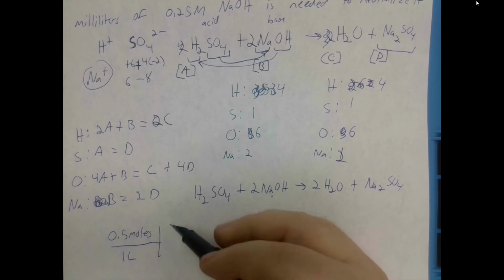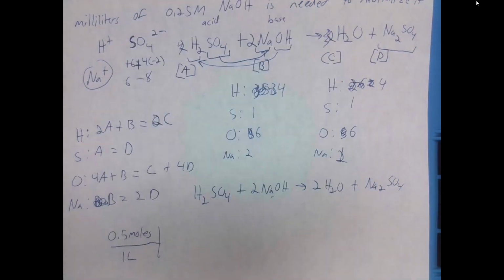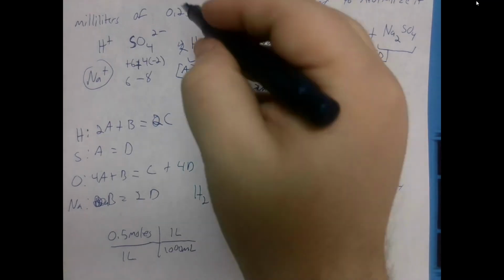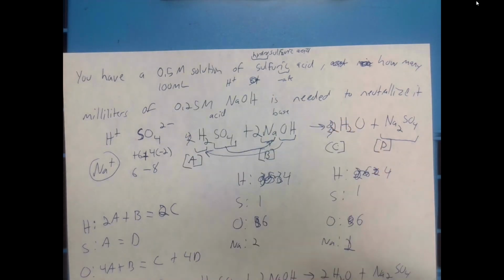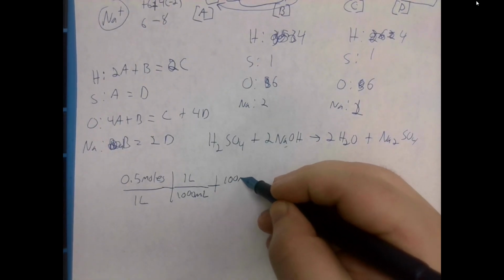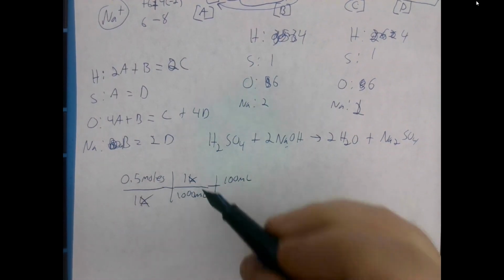We need to convert that into milliliters because we're given 100 milliliters. So there are 1 liter per 1,000 milliliters. And we're given that we have a 100 milliliter solution. So liters cancel out.